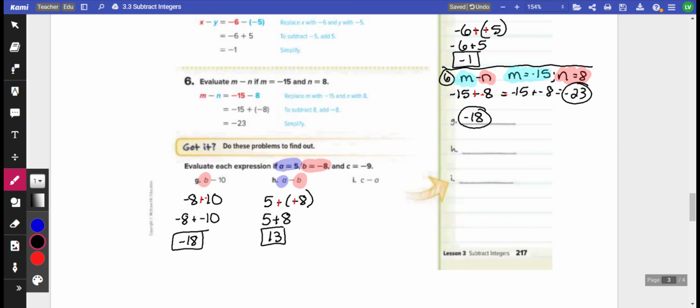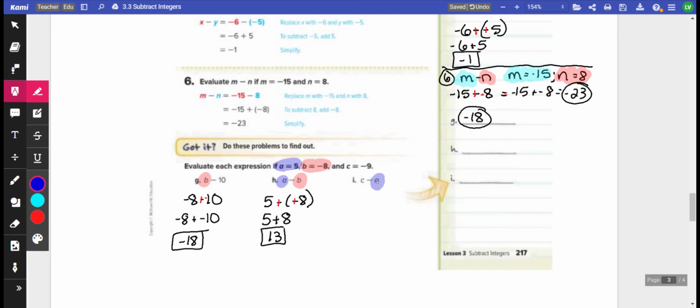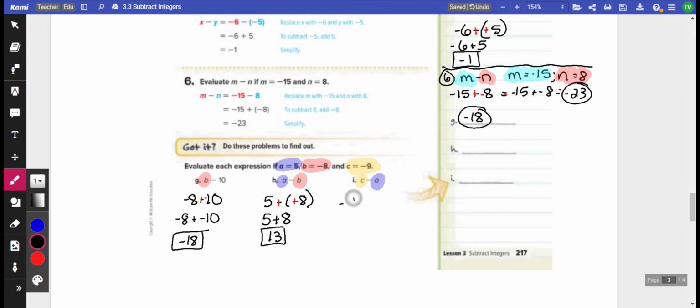All right, letter I is C minus A. Well, I know my A value is 5 because I've already highlighted it in blue. And let's use purple. No, not purple. We're going to use yellow for letter C. C is negative 9. So now I'm going to replace that. Negative 9 minus 5.